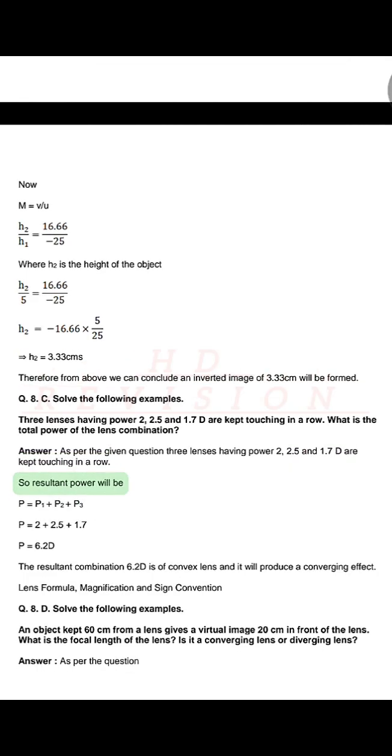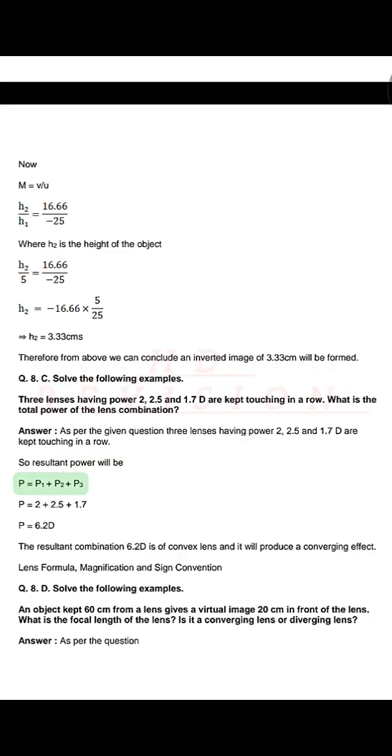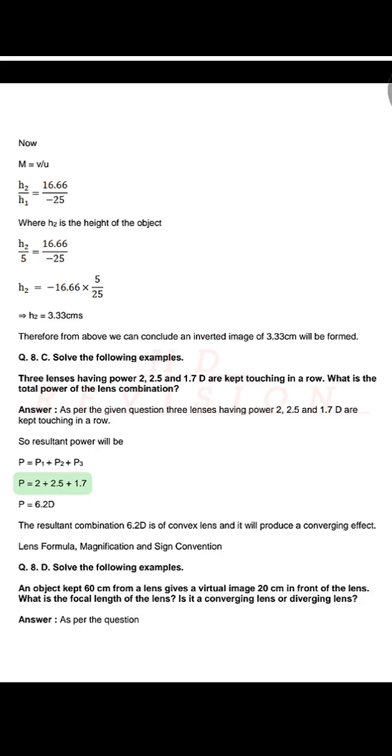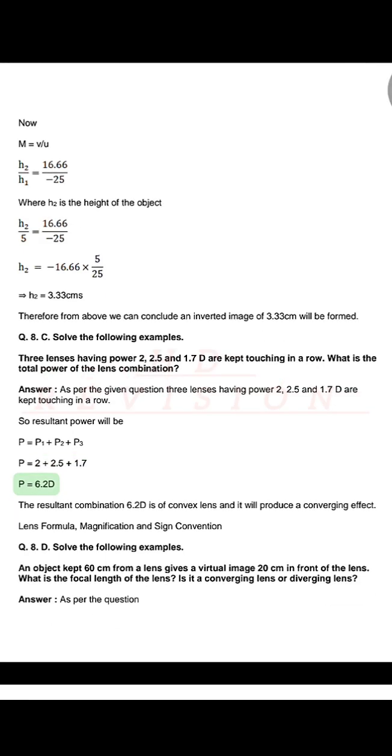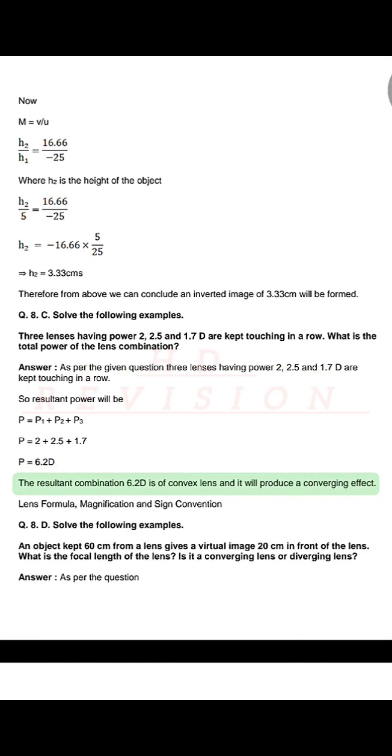So resultant power will be P equals P1 plus P2 plus P3. P equals 2 plus 2.5 plus 1.7. P equals 6.2 D. The resultant combination of 6.2 D is of a convex lens and it will produce a converging effect.